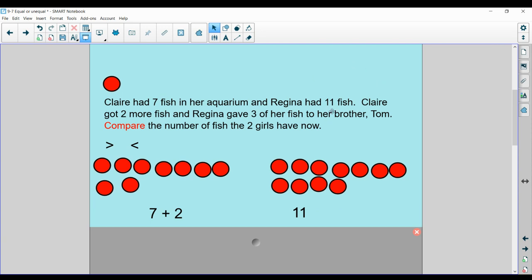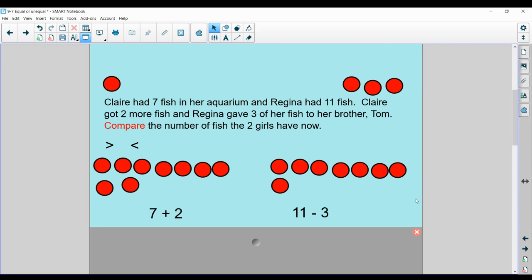But Regina gave 3 of her fish to her brother Tom. So if she gives them to Tom, that means we have to take them away. So 11 minus 3, right? I'm going to show that by taking 3 away. 1, 2, 3.